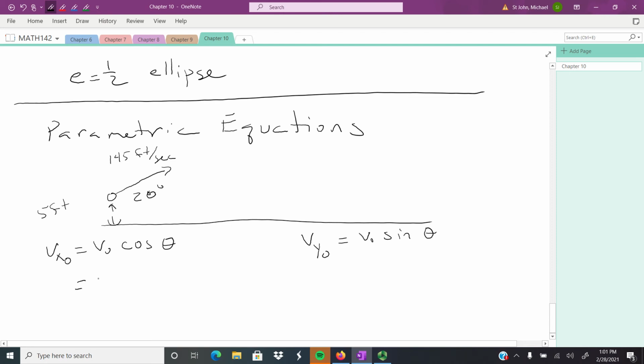So this will be 145 cosine of 20, which gives 136.26, and this is 145 sine of 20, and so this gives you 49.59. And both of these will be feet per second.